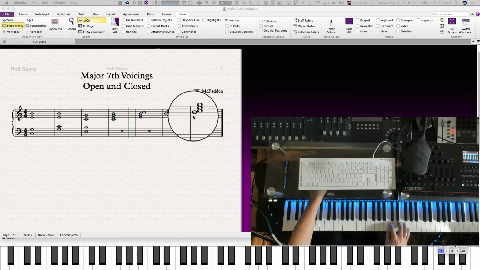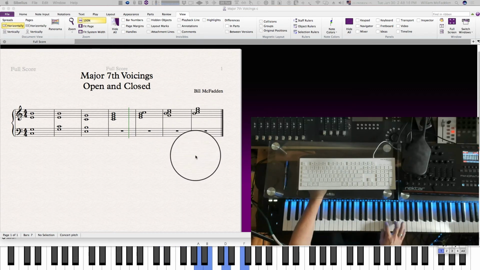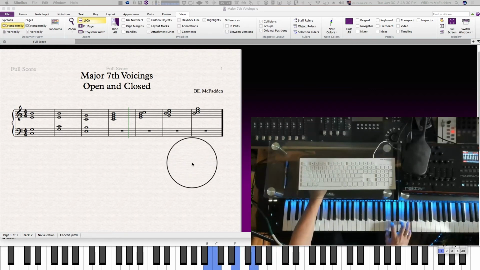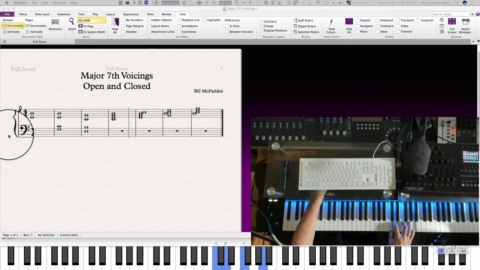And then the last inversion, the third inversion. So that's called planing. So it's a useful technique.